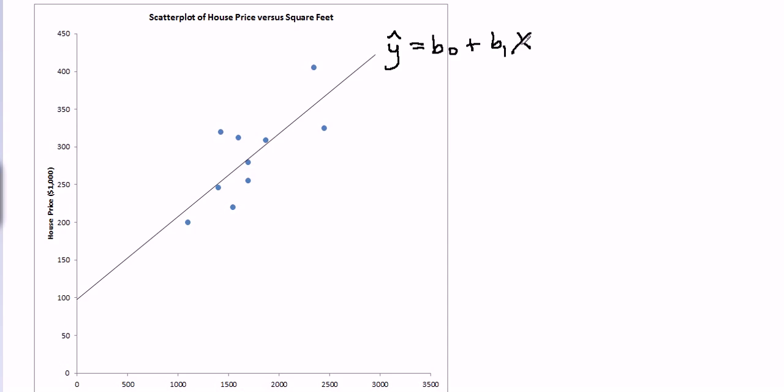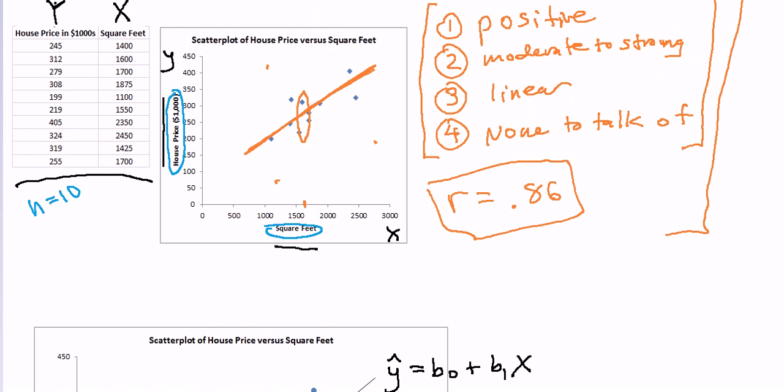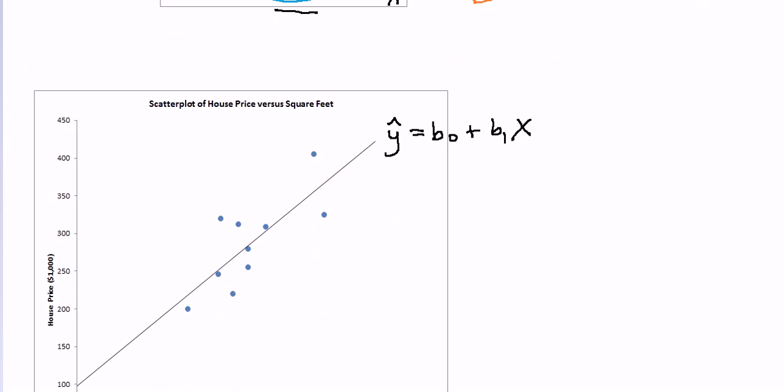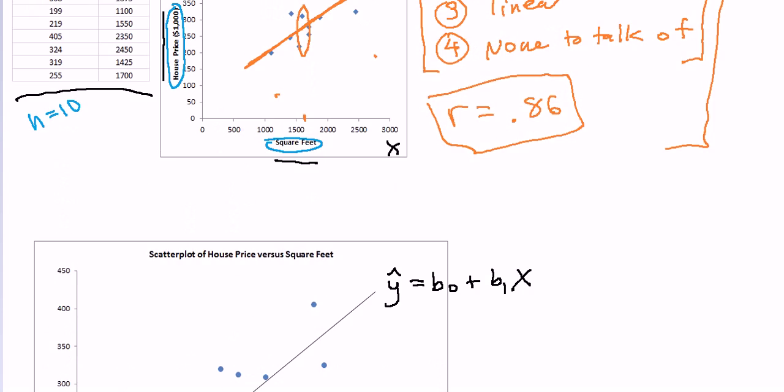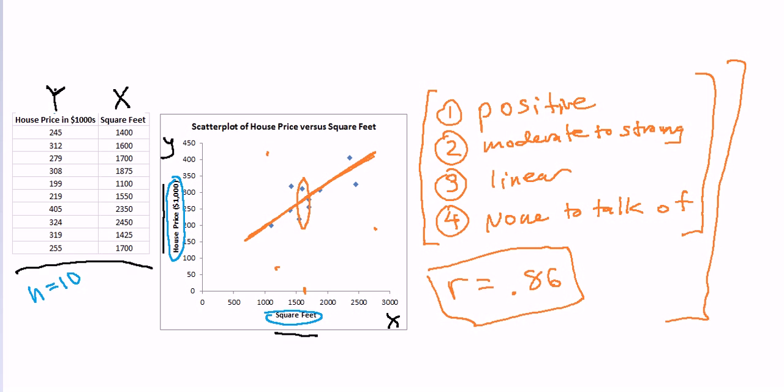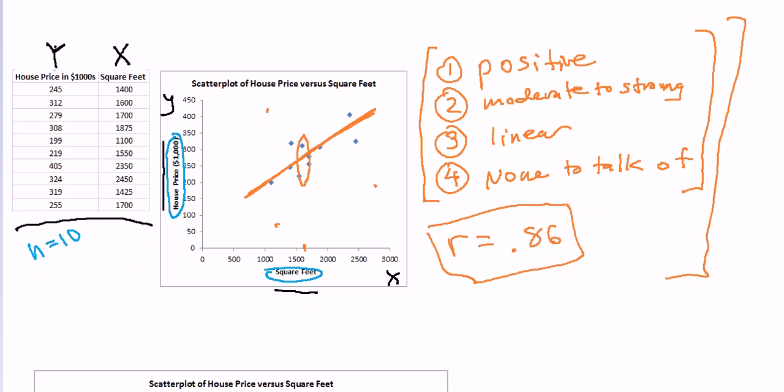I'm going to give you the line and then work backwards to show you how we came up with that line. This line looks very similar to the line that I drew just from my intuition up here, just slightly different. This is the best fit line, whereas this one was my best intuition.